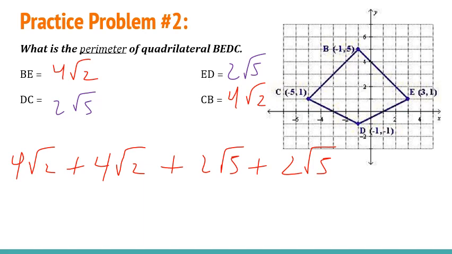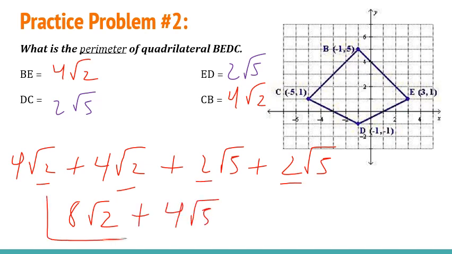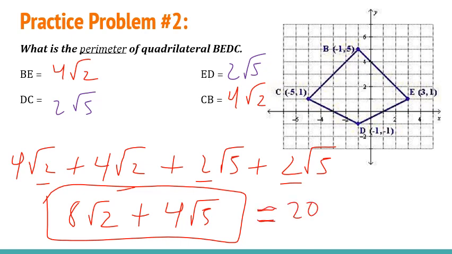Remember, we can add when the radicands are in common, so this could be 8 square root of 2 plus 4 square root of 5, and that is the most simplified version of that we could possibly get. And if you did want to put that in a calculator, it would be approximately 20.26.